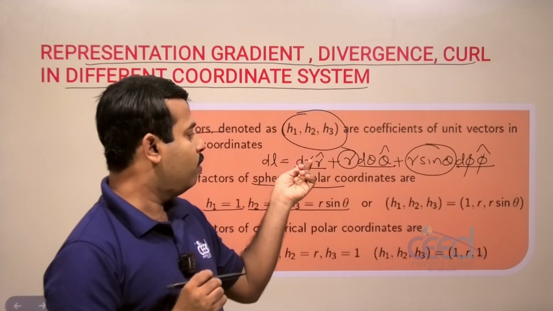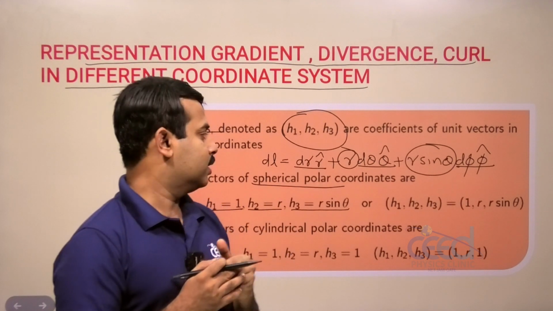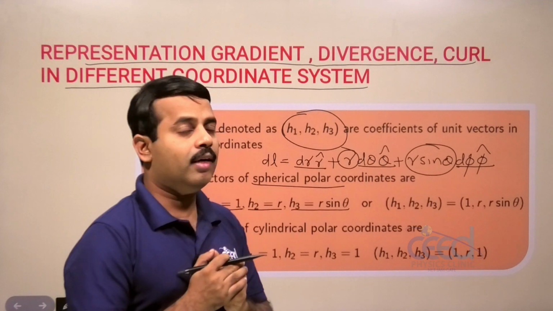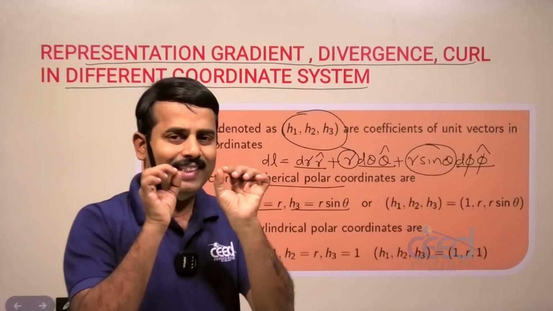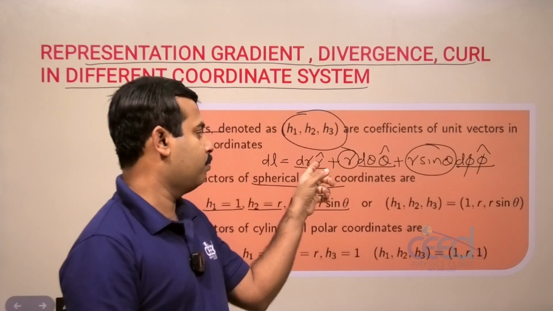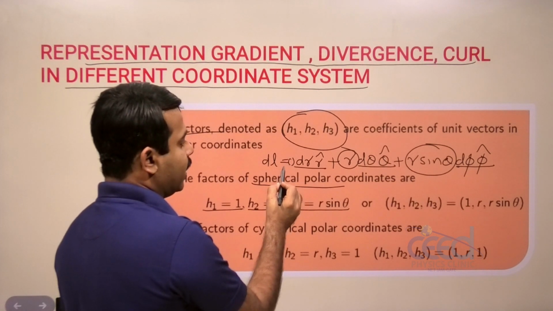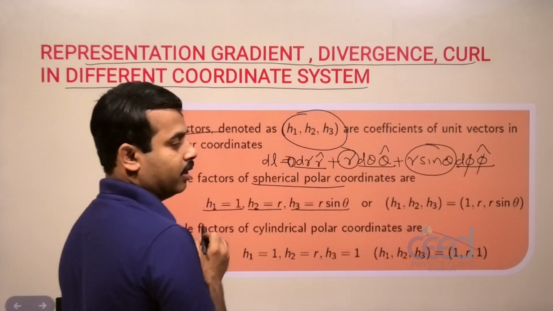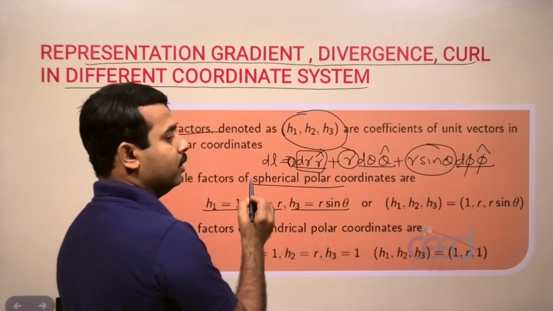It is a small variation with its direction, right? dr r cap is the small change in length along the radial vector. Suppose some element is there, that is the scale factor. This is the small change in length.